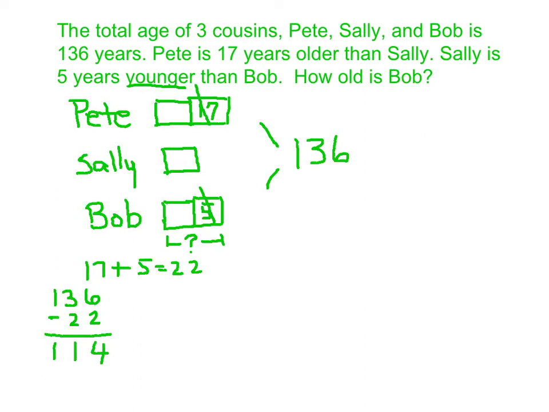So the three boxes all together total 114. I want to find out what is in one of those boxes. So it would be 114 split into 3 equal boxes.